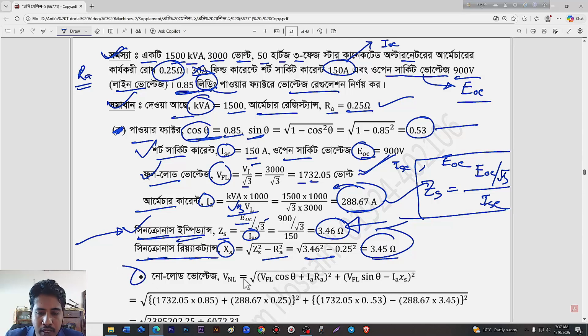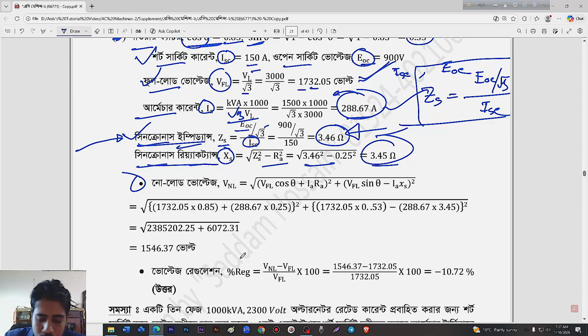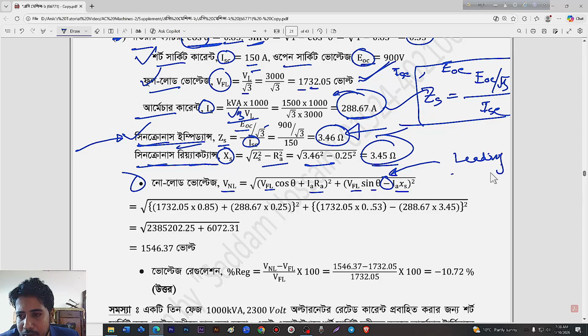We already know the no load voltage formula: E0 equals root over (full load V cos theta plus I RA) whole square plus (full load V sin theta minus I XS) whole square. The sign is very significant, because we use the minus value since the system is leading power factor. You have to memorize this.